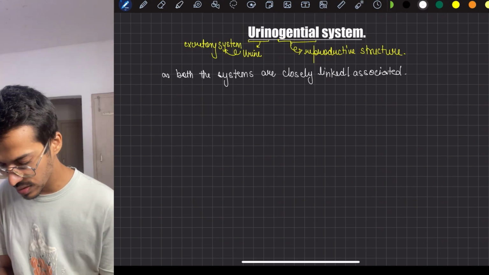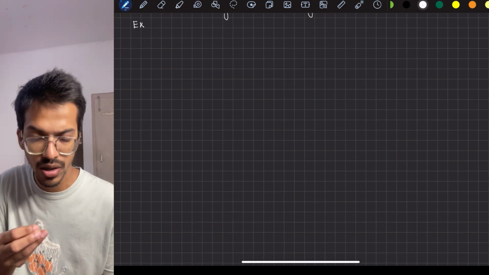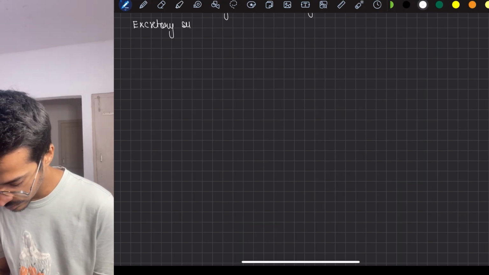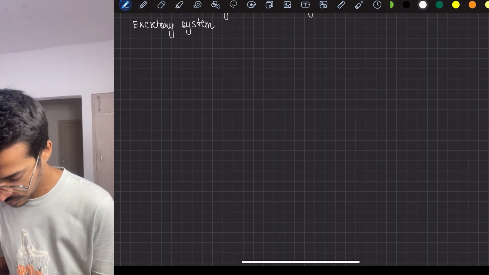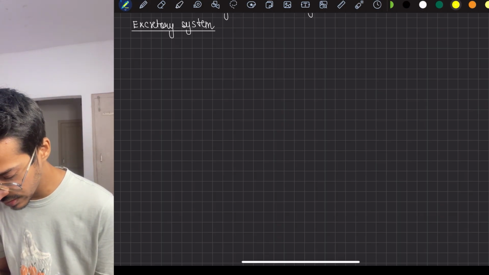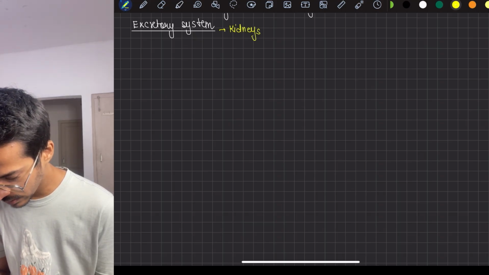Now the excretory system, where we have to know what are the organs that are part of it. It consists of a pair of kidneys and a pair of ureters.